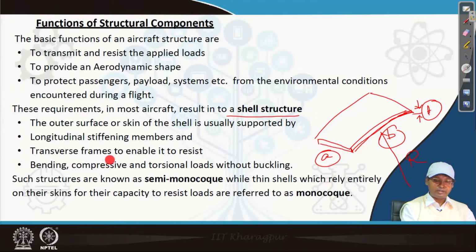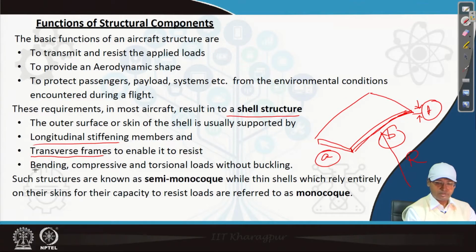So, this is some bulkhead in case of fuselage, this is ribs in case of wing. But all these structures, as I said, this transverse frame or the longitudinal stiffening members are supposed to encounter bending, compression and torsional loads. Bending, compression and torsional loads you are already introduced to in your first year mechanics courses. So, I do not need to talk about much.